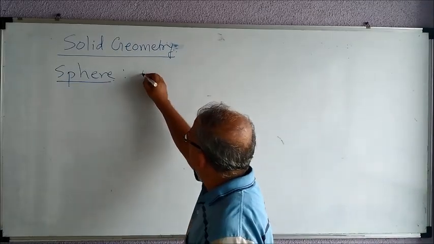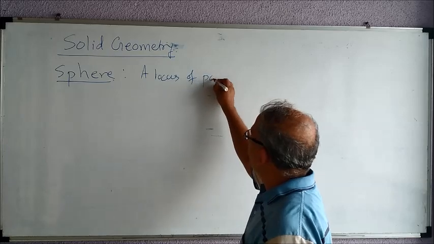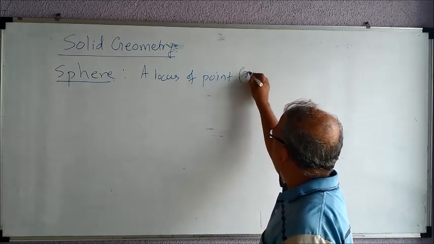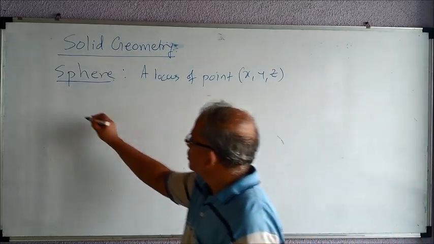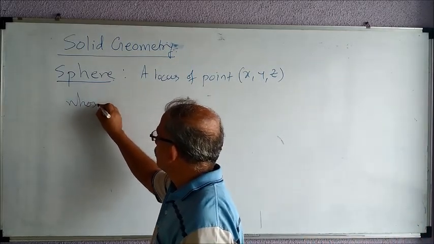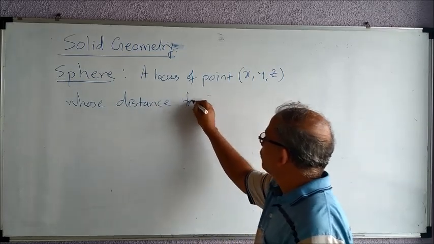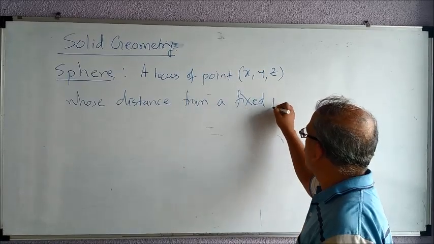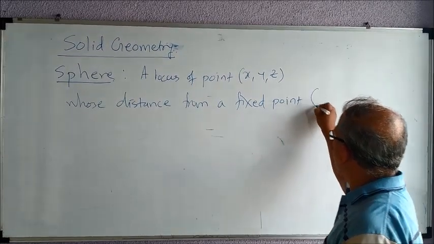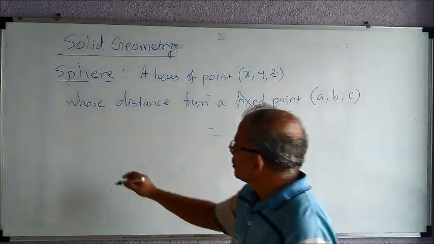So it's a locus of a point x, y, z, whose distance from a fixed point, say a, b, c, remains constant.